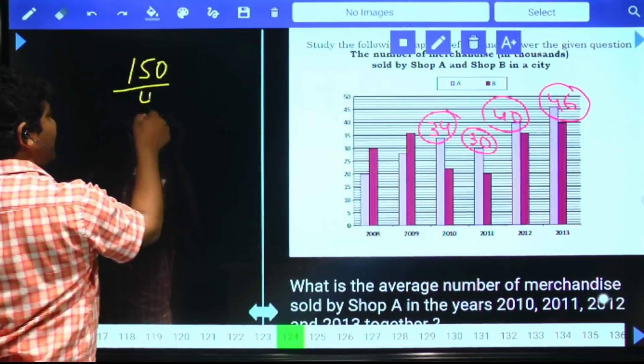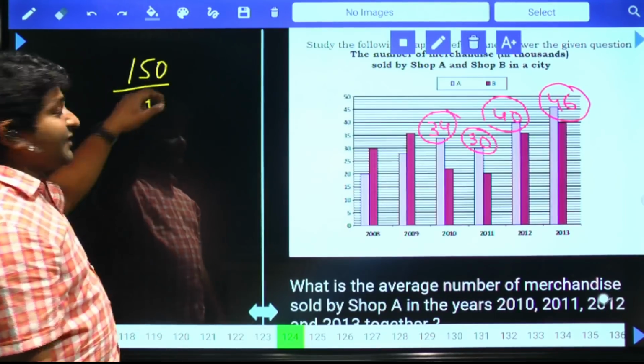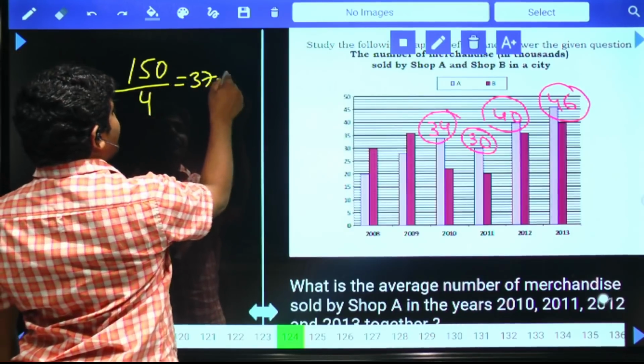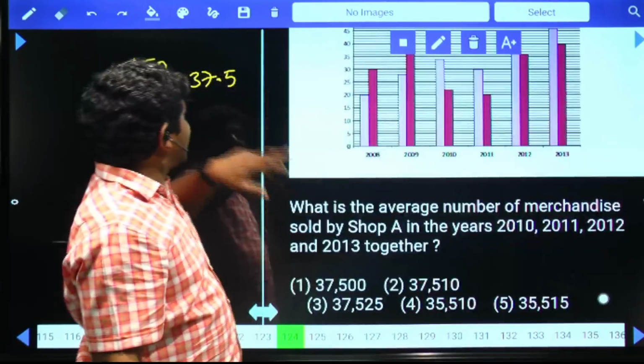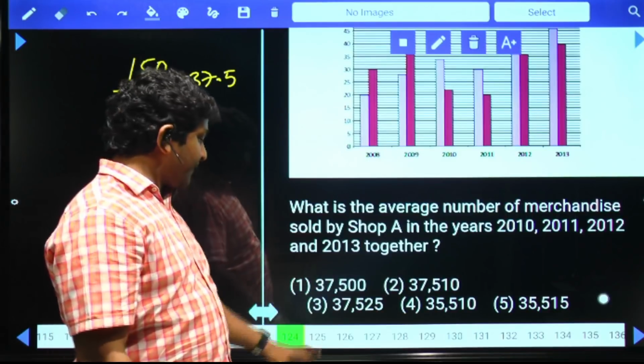Average, divided by 4, in the sense half and then half. Half of 150 is 75, again half is 37.5 thousands. All the values are in thousands. 37.5 thousand, 37,500. First option is the answer.